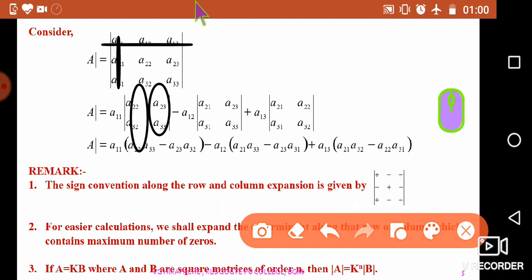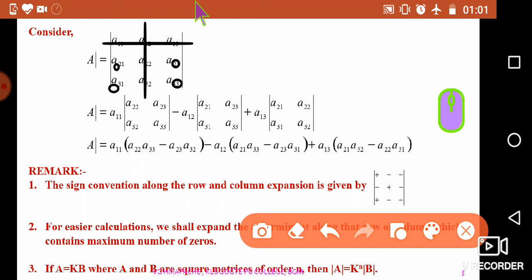Before I go to the next element of the same row, we write a minus sign containing the element A12. Deleting the row and column consisting of A12, the column is the second column. We are left with the elements A21, A23, A31, A33.